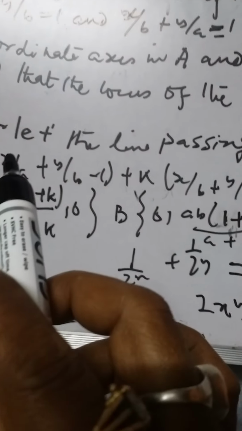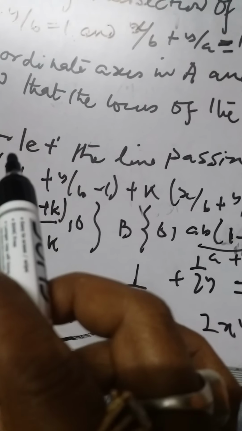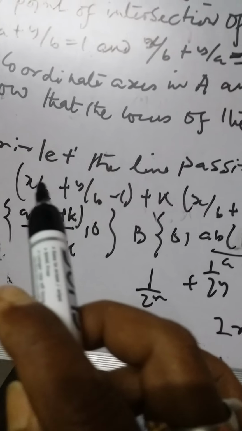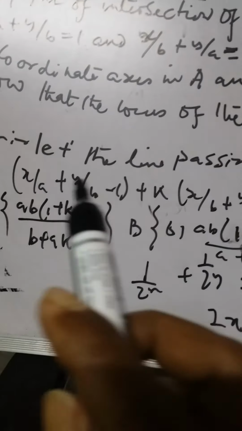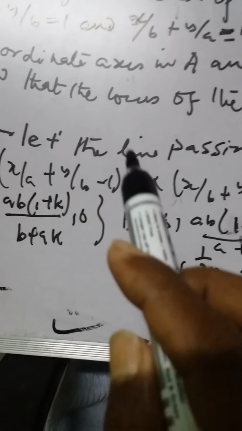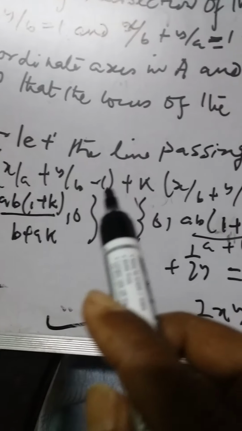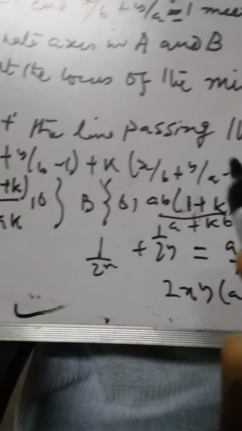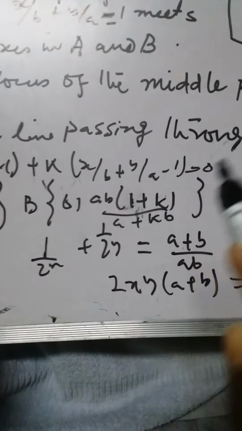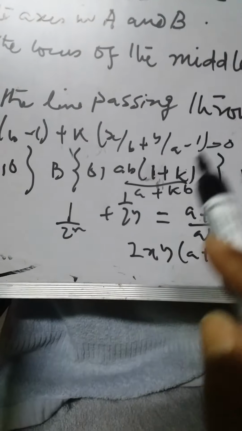So at first we know any straight line which passes through the intersection of the two straight lines will be the first one plus k into the second. From this we calculate and get the intercept form.